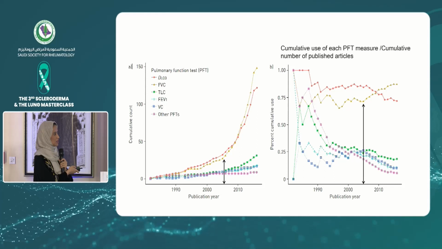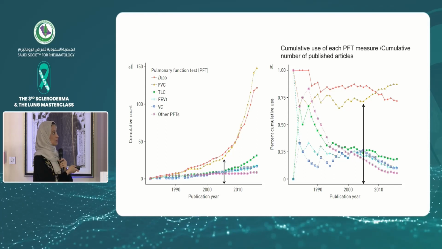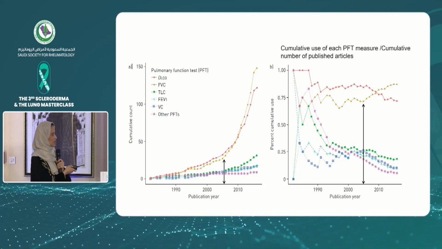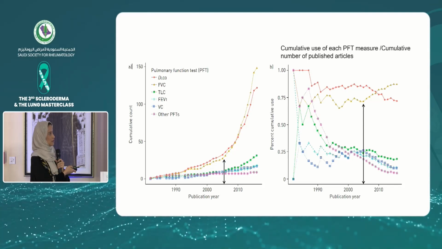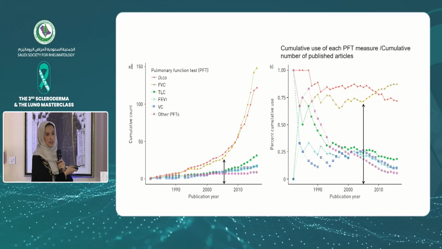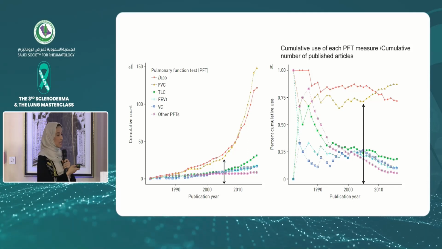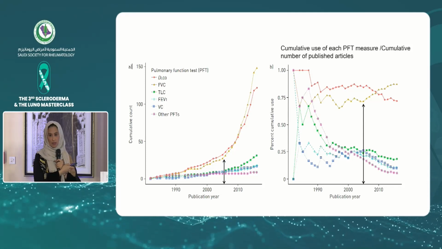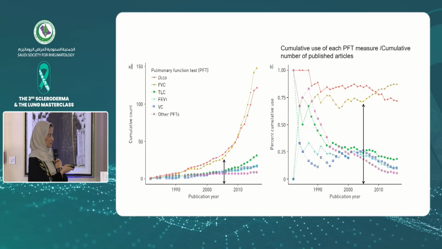In the mid-2000s, there is an increase in the peak use of these two outcomes, and shortly after, the FVC surpassed the DLCO as the most commonly used primary outcome.